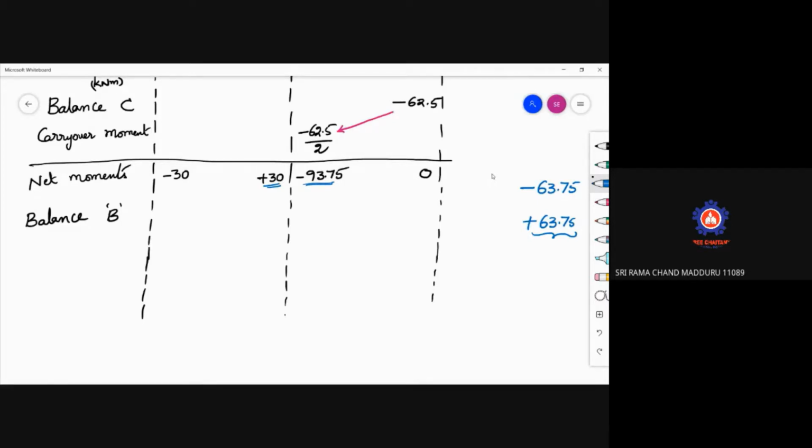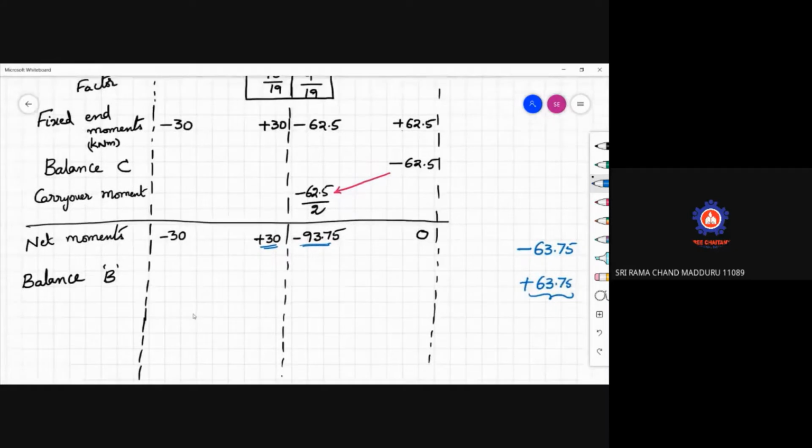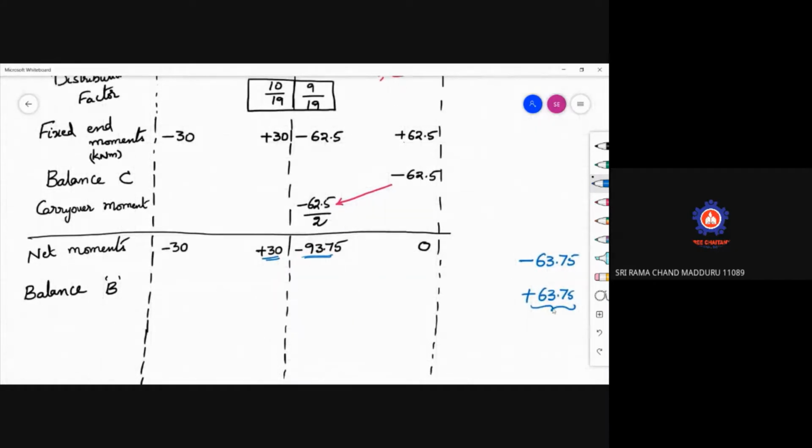Now to make it balance, consider the opposite sign, which is plus 63.75, and this 63.75 will be distributed towards BA as well as BC according to the distribution factor. Now the distribution factor comes into the picture. To distribute this moment, you can't distribute half of the moment to make it balance.